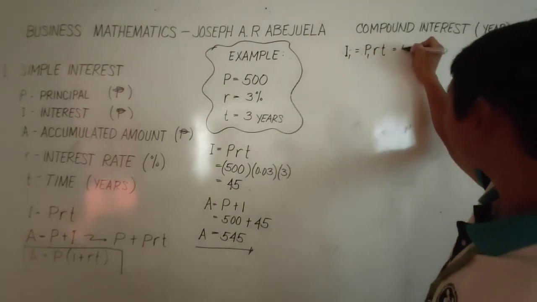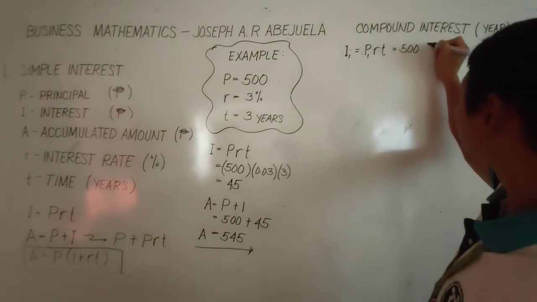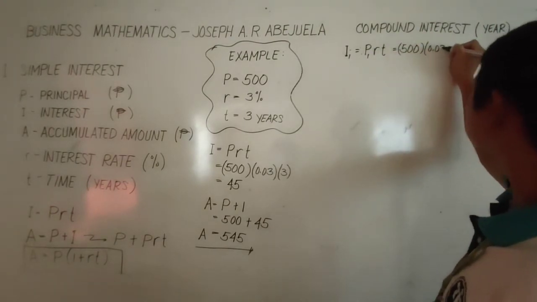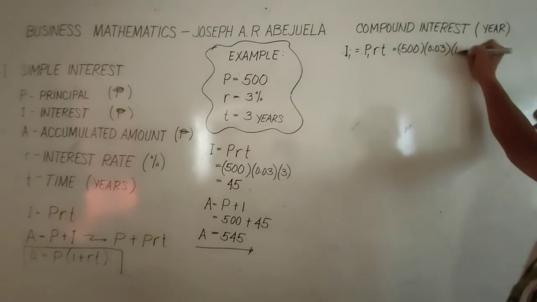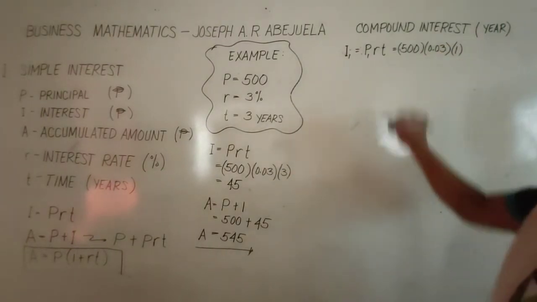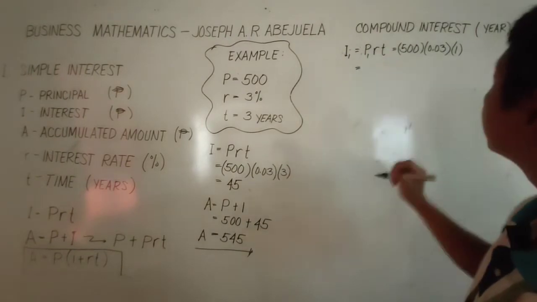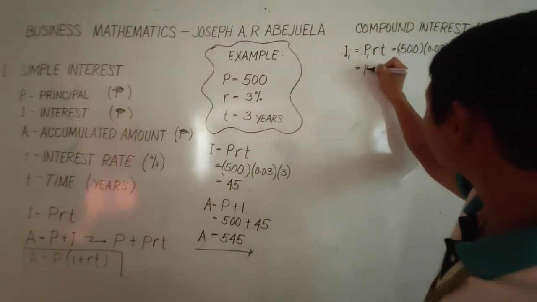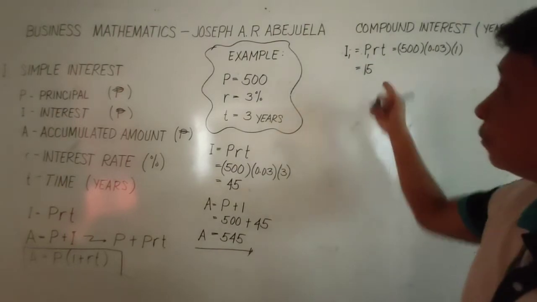So 500 multiplied by 0.03 multiplied by 1 year, 1 compounding. So we have 15. So the interest amount is 15.